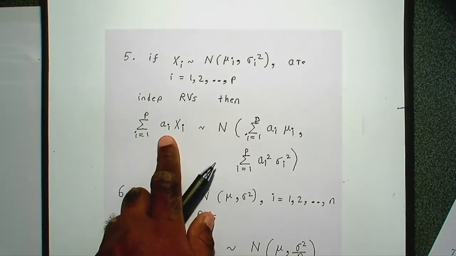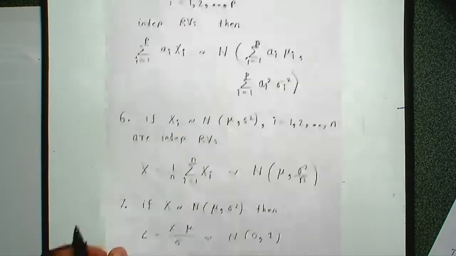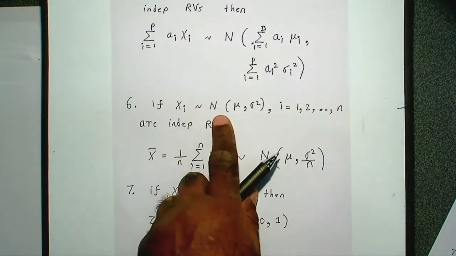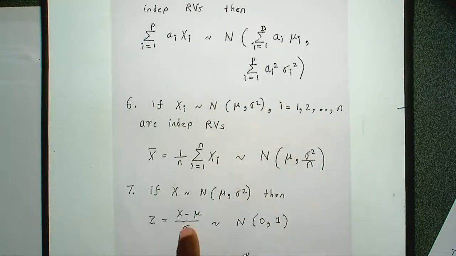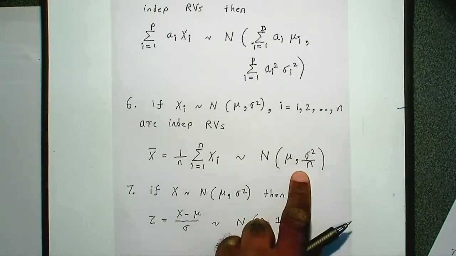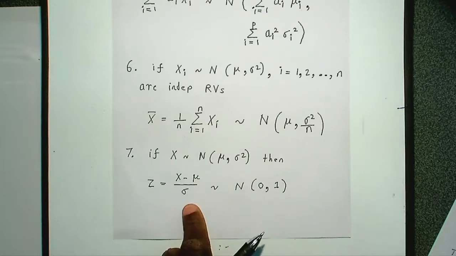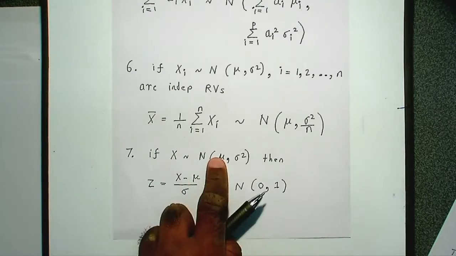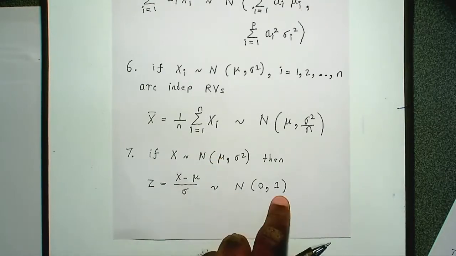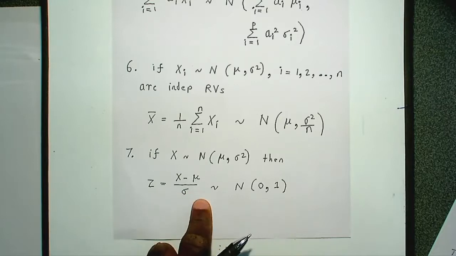Here a_i are any constants. And once again, if you have n independent normal variables, then their sample mean is also normal. And finally, this one, which is the standardized transformation. If you have a normal variable, then you can convert that to a standard normal through this transformation.